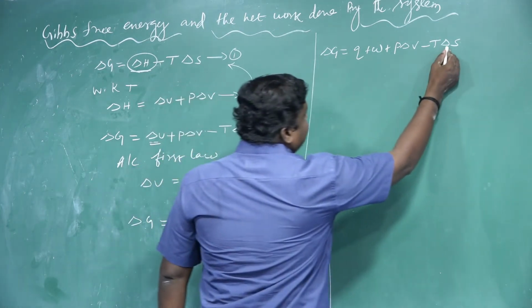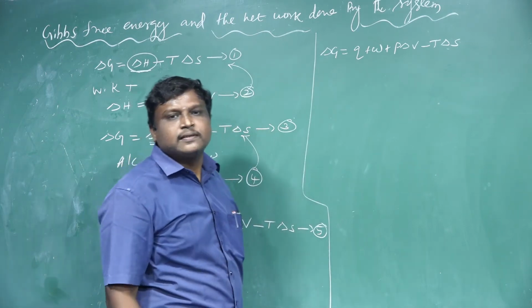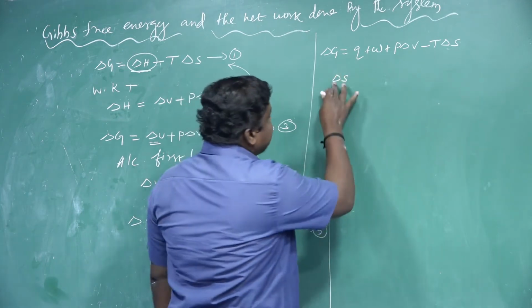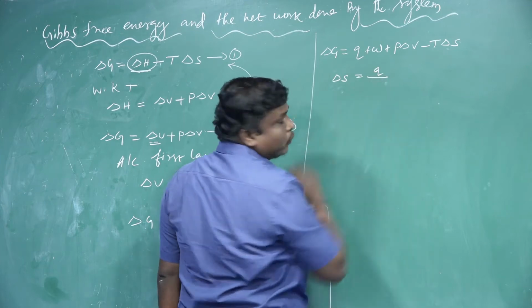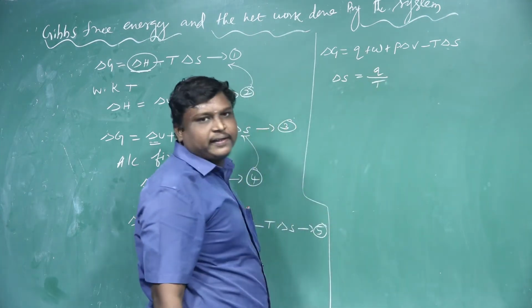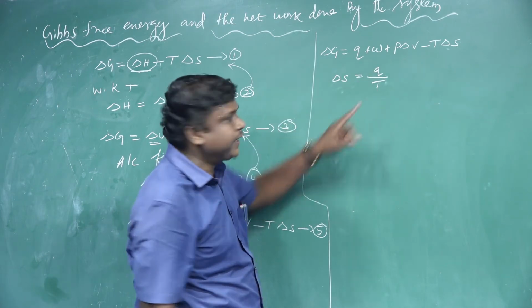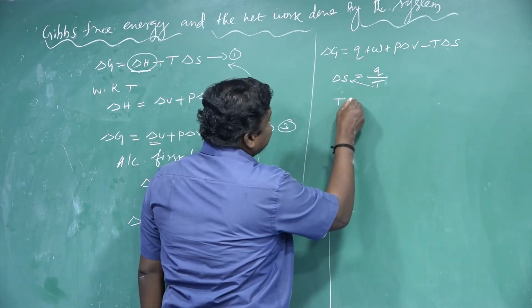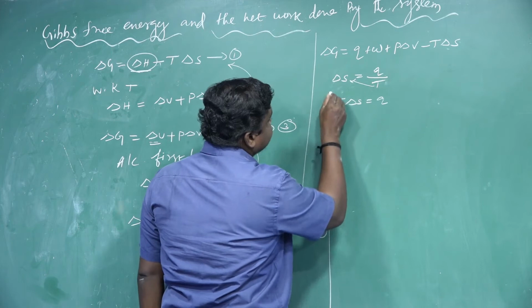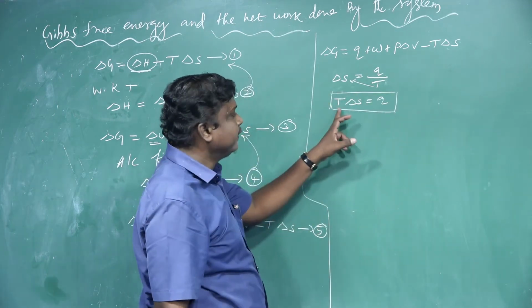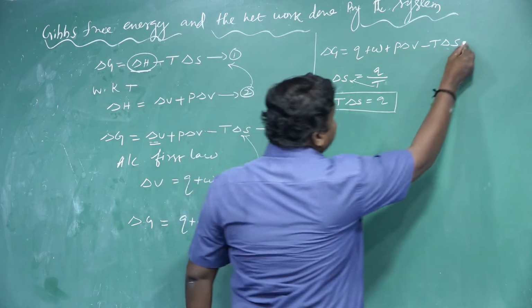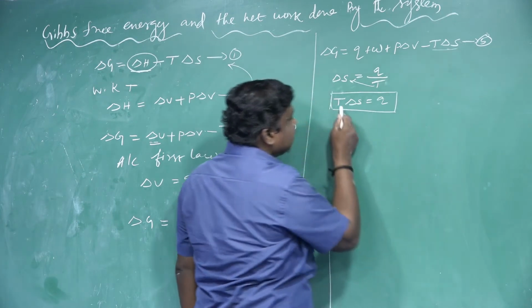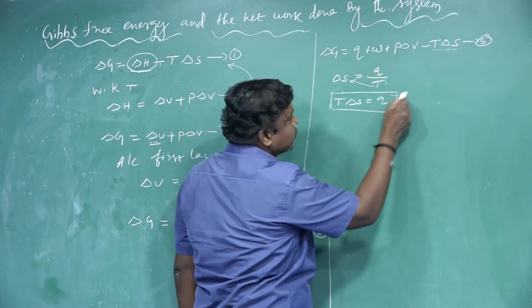Next, consider ΔS, the change in entropy. We know that the change in entropy equals the ratio of Q at a particular temperature, Q by T. ΔS equals Q by T. So by cross multiplication, TΔS equals Q. Let us consider TΔS equals Q and substitute the value.